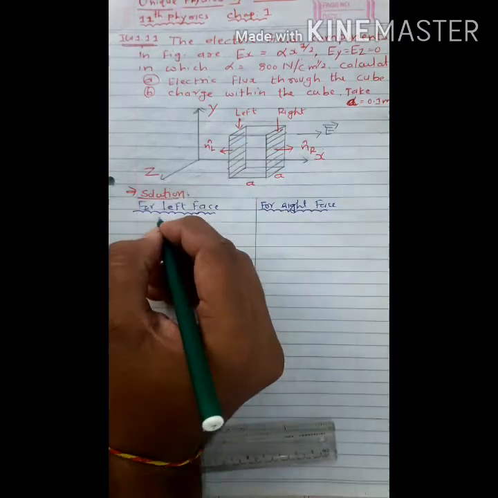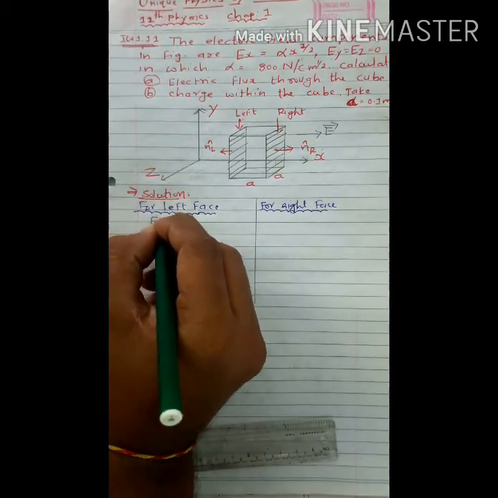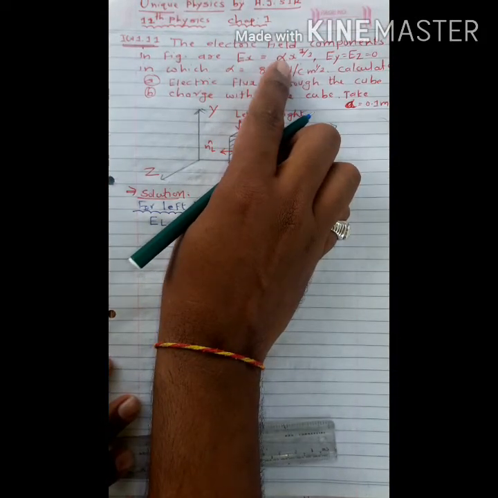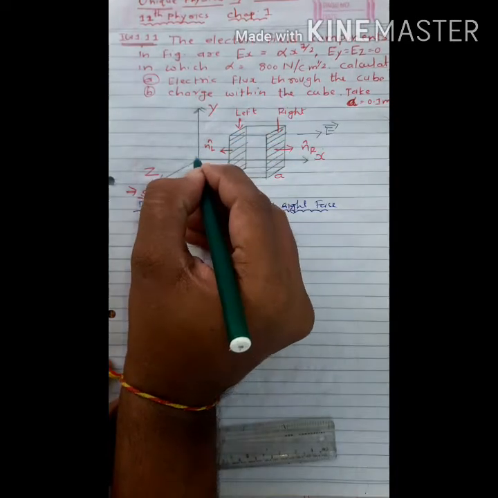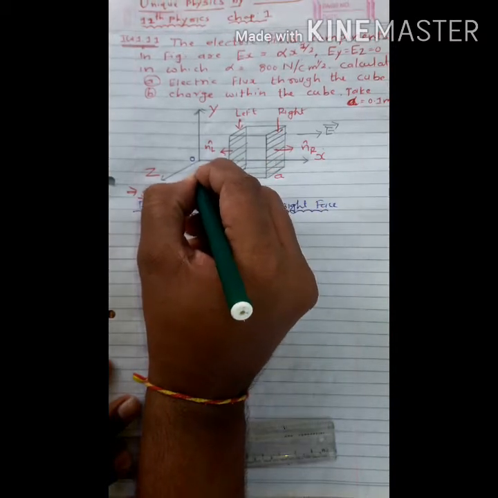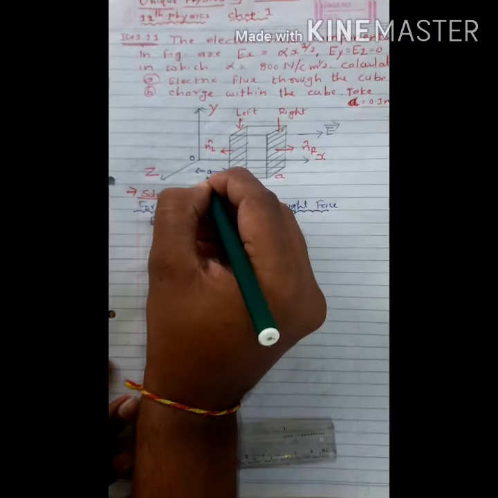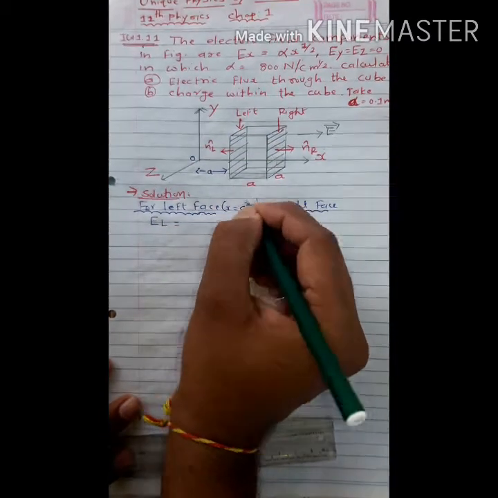So first of all we use the equation of electric field for this surface. We have Ex is equal to alpha x raised to 1 by 2. Now this is the origin of our Cartesian coordinate system. The distance of the left surface from point O is a. In short, for the left surface we use x is equal to a.